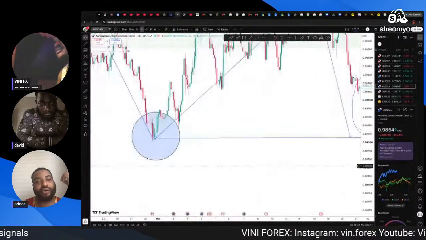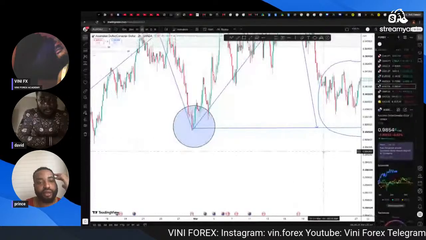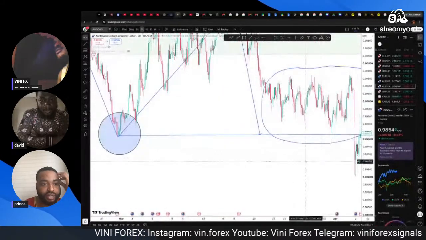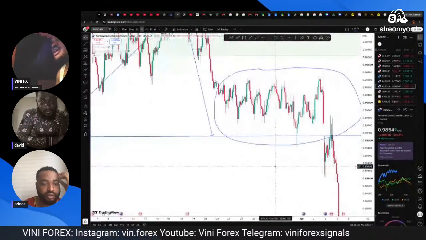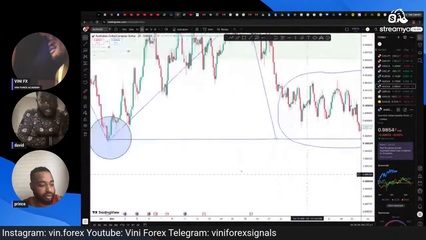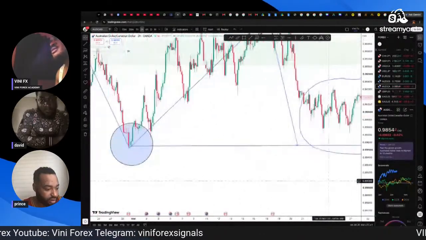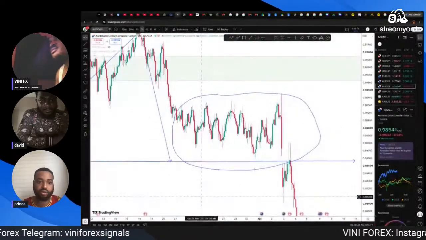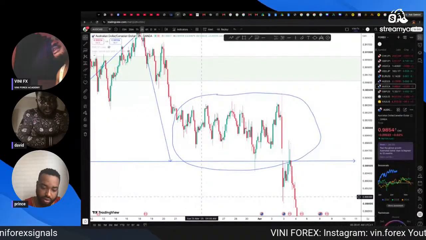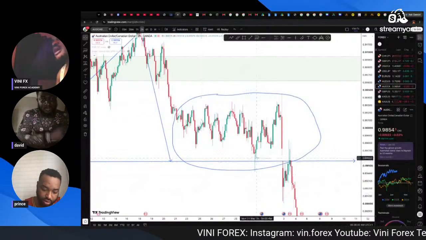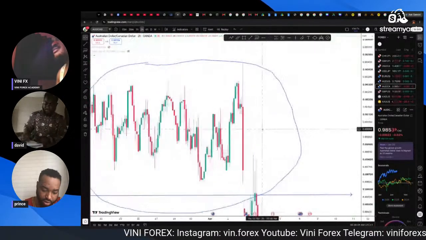The level of the last higher low. Let me zoom the chart again.